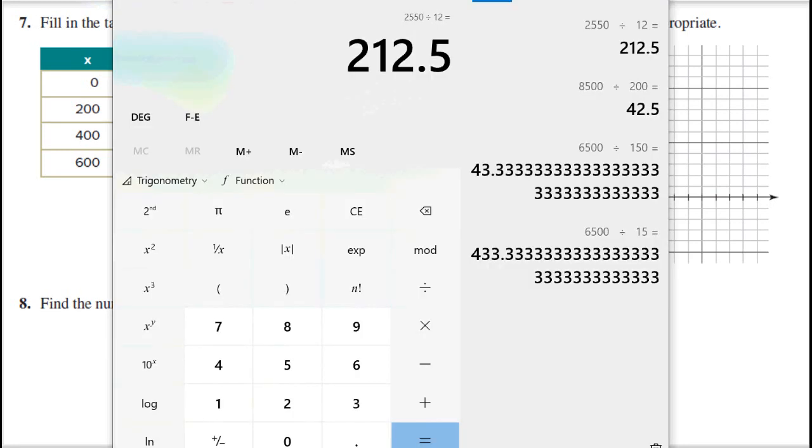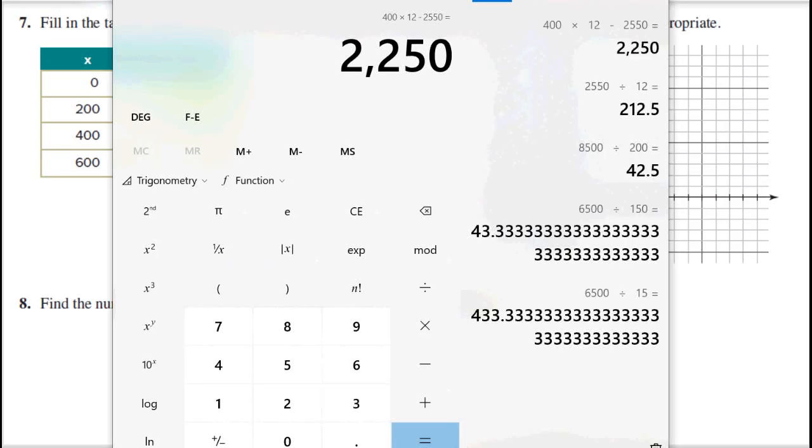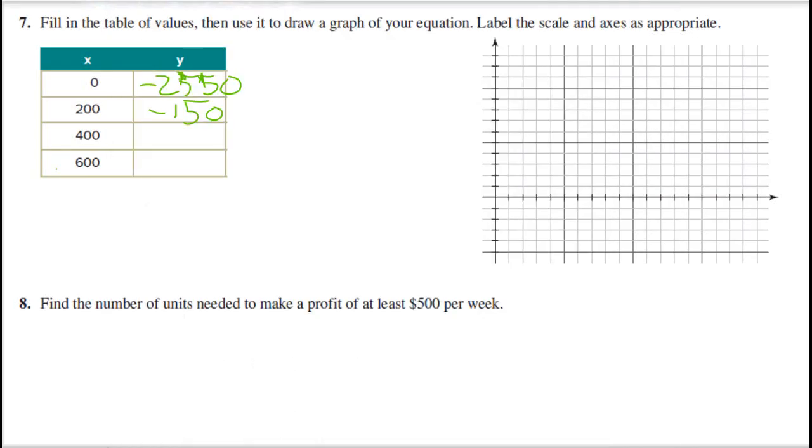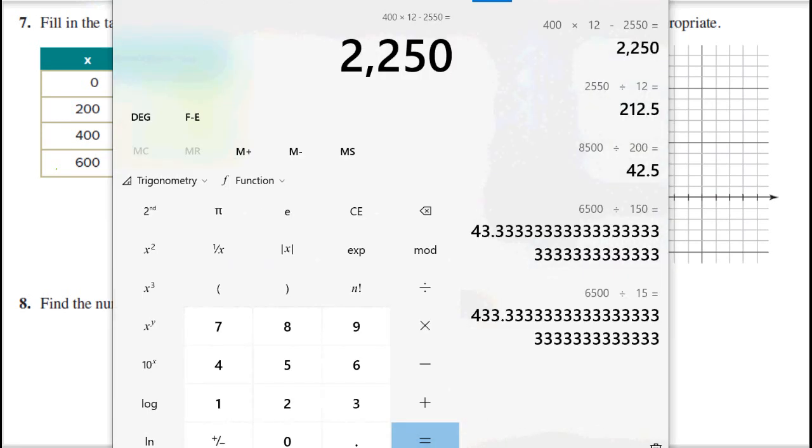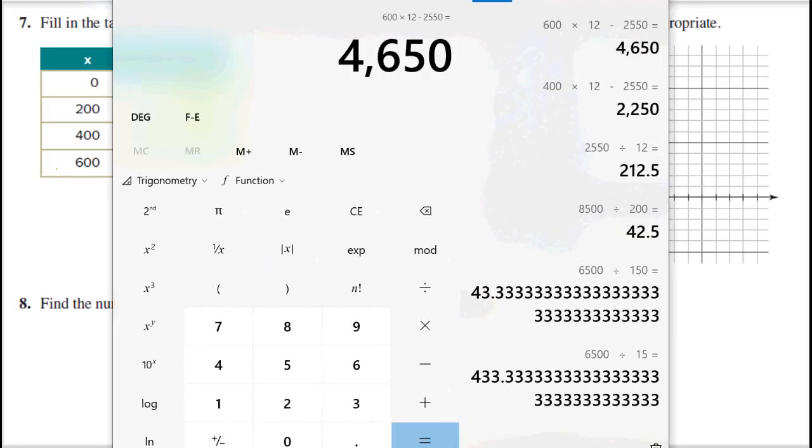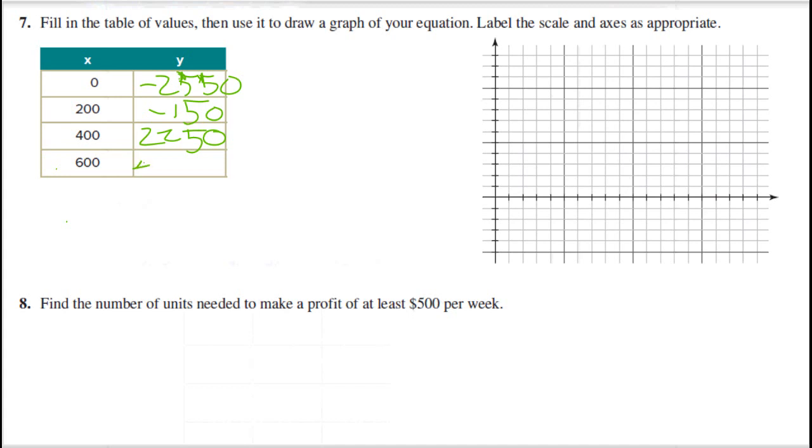And I'm going to do it really quickly. 400 times 12 minus 2,550, 2,250. You'll notice that's positive because it's more than 213. 600 times 12 minus 2,550, 4,650.